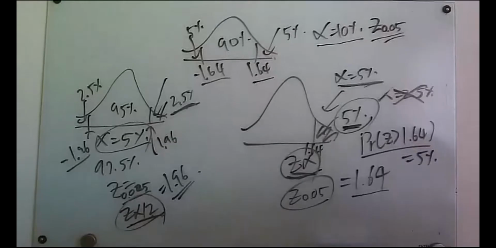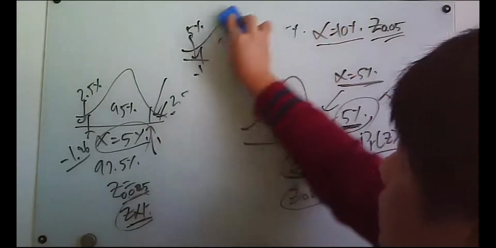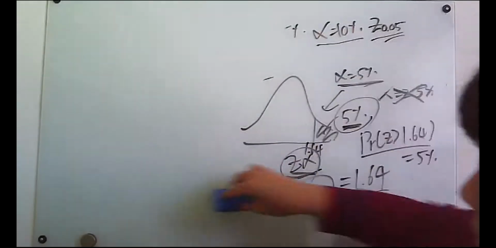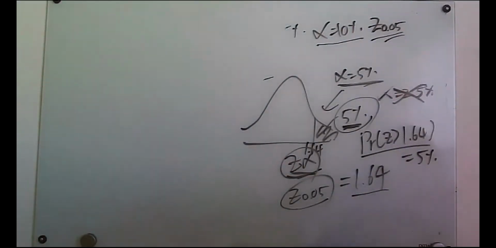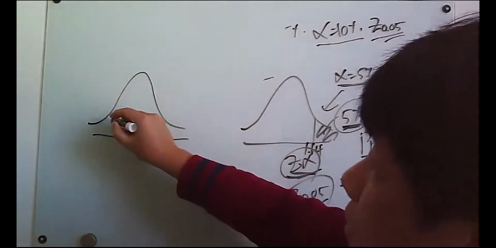Let me show you graphically why that's the case. I'm just going to erase this part. So you get the corresponding t. Based on this calculation, you got t equal to negative 1.8. But this is a lower tail test.